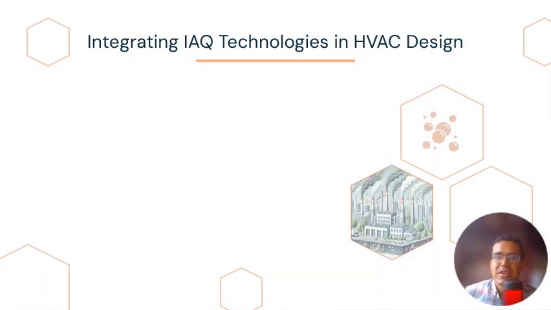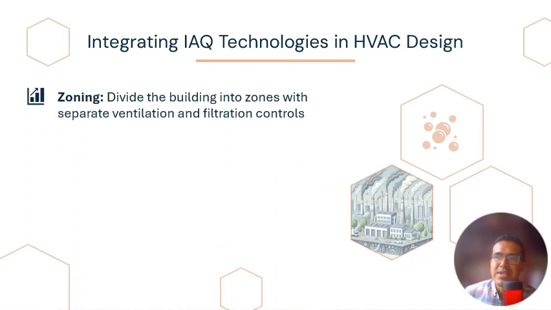Integrating indoor air quality technologies in HVAC systems, we can use techniques like zoning, which allows the building to be divided into areas with different IAQ needs and enables customized controls for each zone.